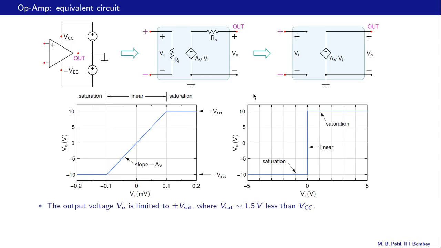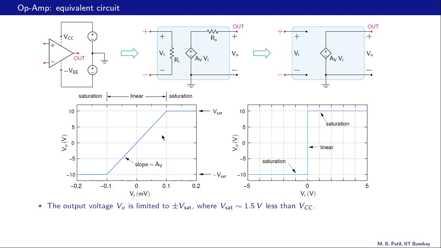This figure shows the VO versus VI relationship. And as we can see, there are two distinct regions. One is a linear region, and the rest, that and that together, we will call as the saturation region.